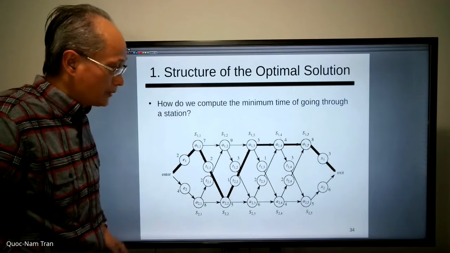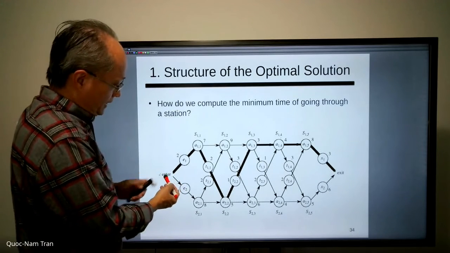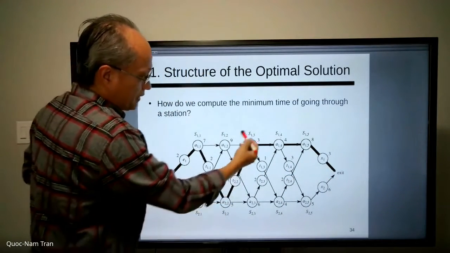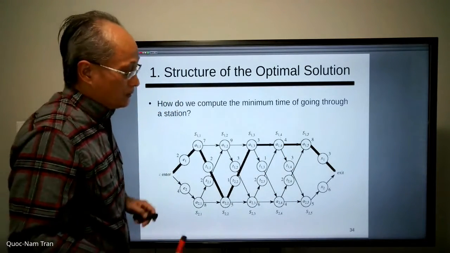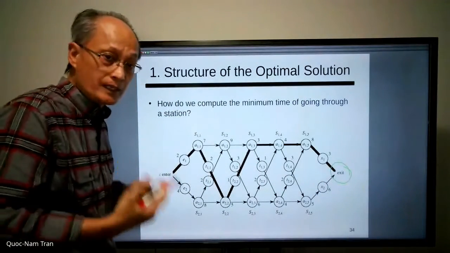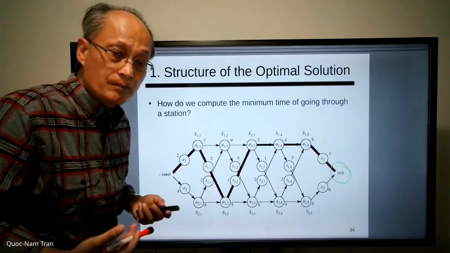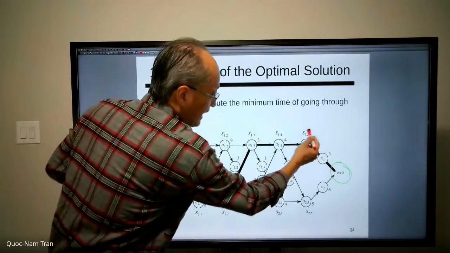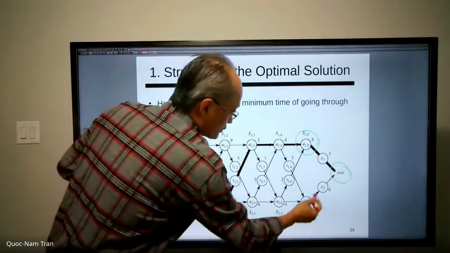So the question will be, okay, in order to go from the entering to the end, we may have to go through the stations here, right? So we just want to know the best cost or the best way to go to the exit path is based upon what would be the best way to go to the last station here, okay, and then the last station there.